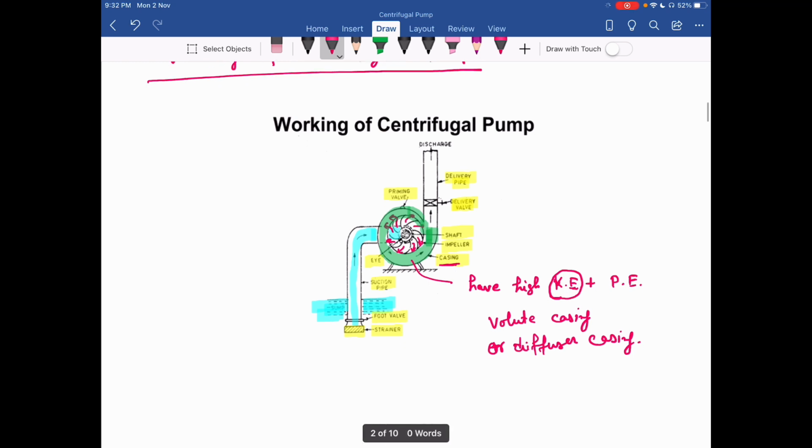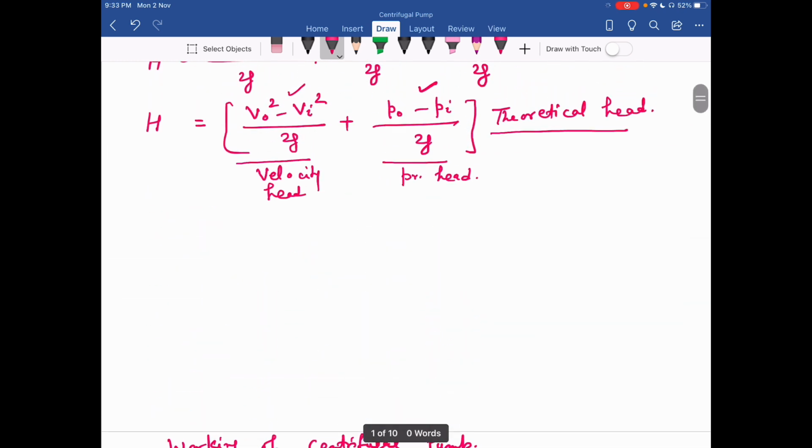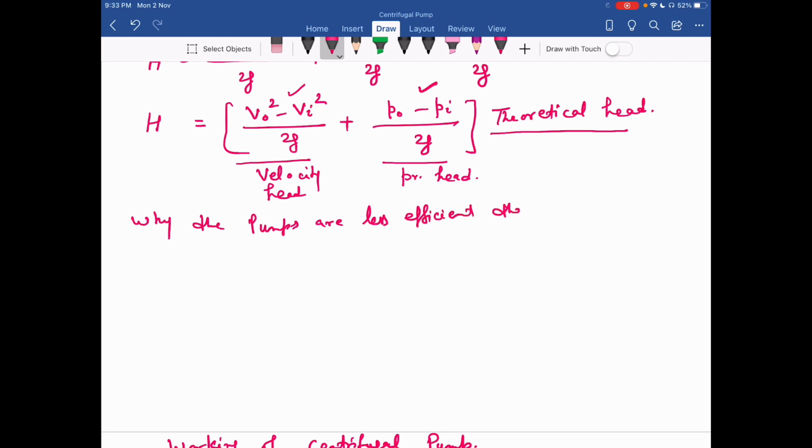Now the next question arises, why the pumps are less efficient than turbines. So there are two reasons behind this.